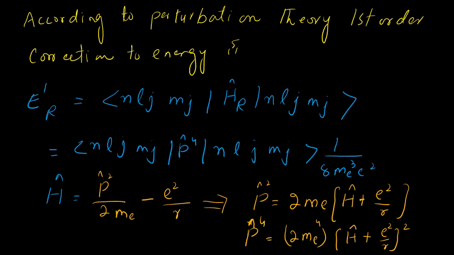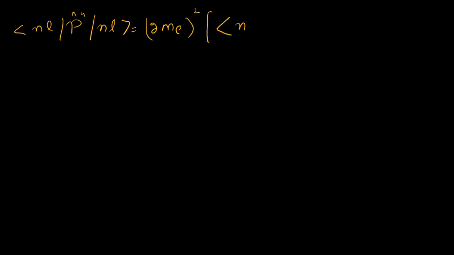Now putting this value, I can write ⟨nl|P⁴|nl⟩ will be equal to 4Mₑ² into ⟨nl|(H plus e² over r)²|nl⟩.